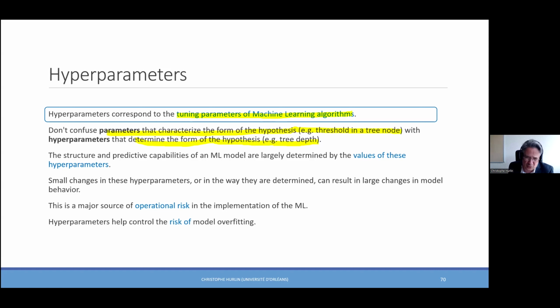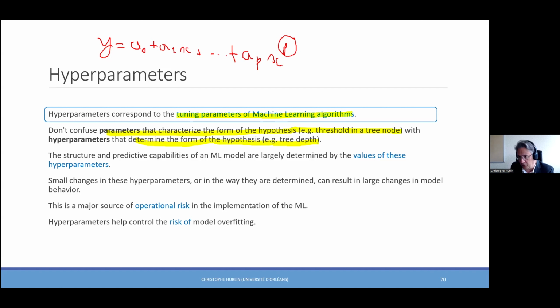Let me go back to my polynomial regression. I have y is equal to a0 plus a1 x plus ... ap x to the power p. What we call a hyperparameter is simply the degree of your polynomial.